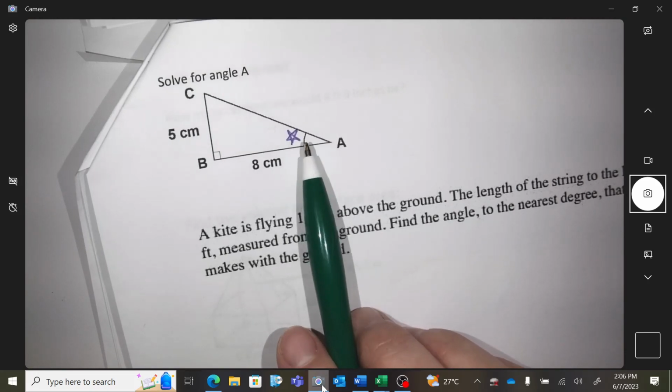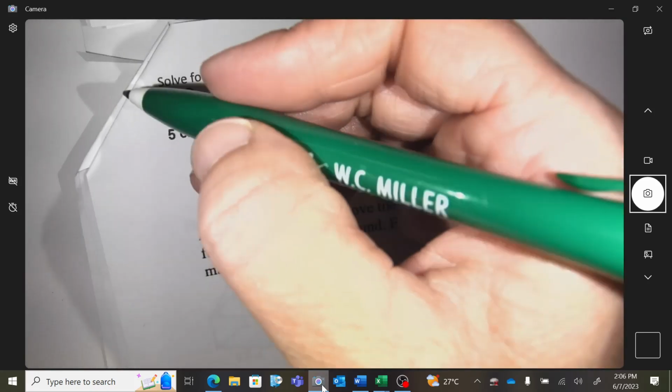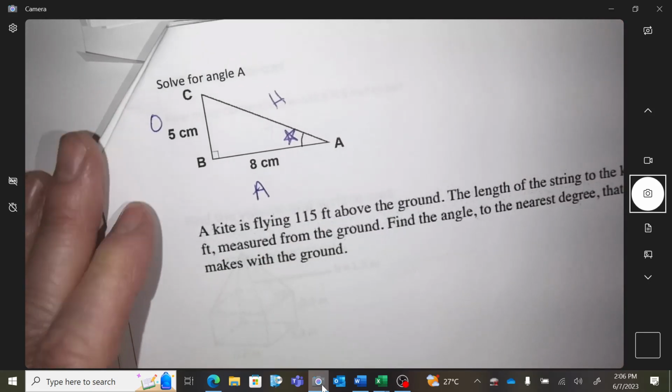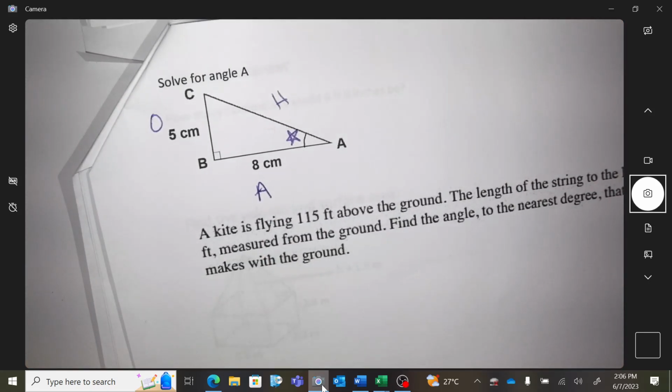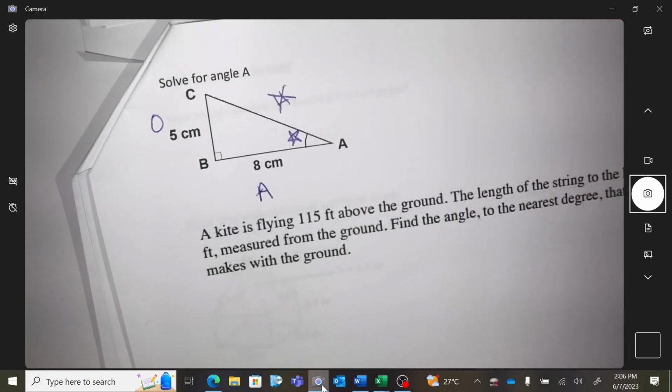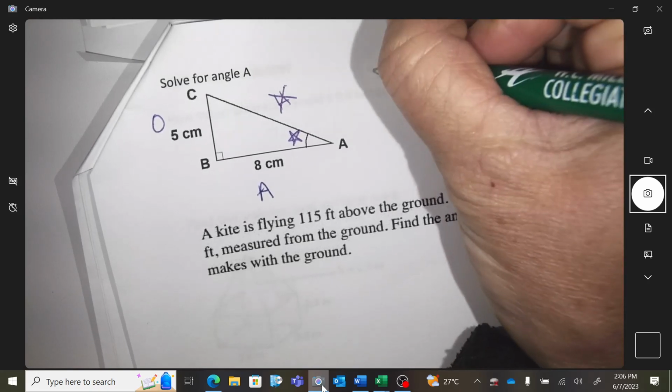Give me the hypotenuse to this angle. Okay, I'm going to cross off the H. So that leaves me with TOA.